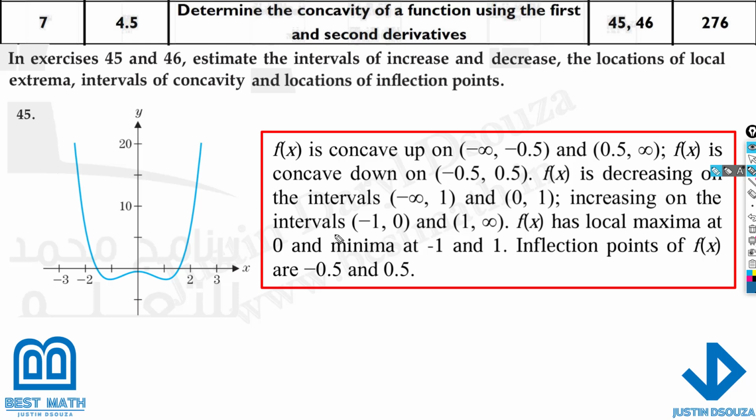It's decreasing from minus infinity to minus 1, and 0 to 1. Increasing, see over here, minus 1 to 0 and 1 to infinity. Sorry for this error. And it has maximum at 0, local minimum is over here, minus 1 and plus 1. Inflection points are minus 0.5 and positive 0.5.